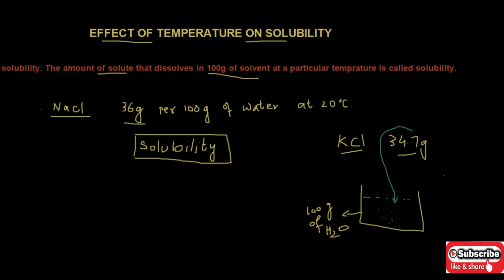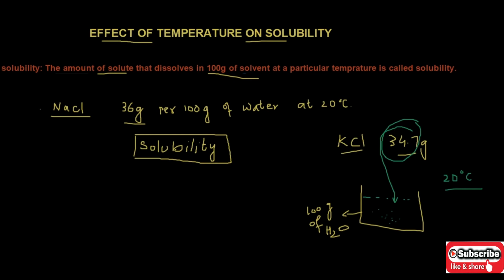Now temperature should be 20 degrees centigrade initially, but if you add more than 34.7 gram of potassium chloride at 20 degrees centigrade, it will not dissolve.